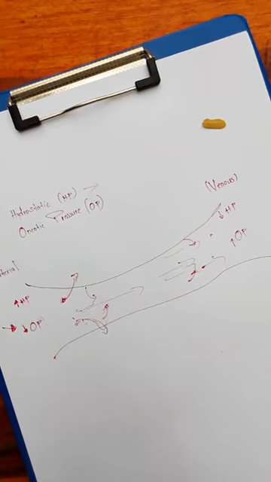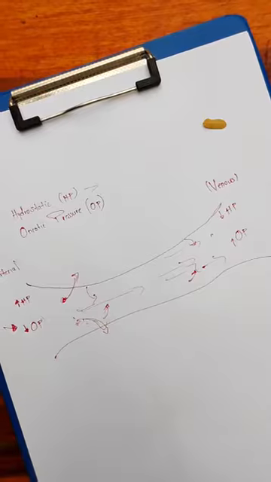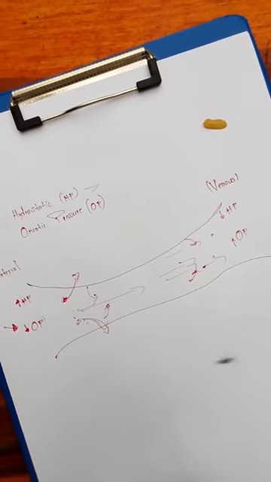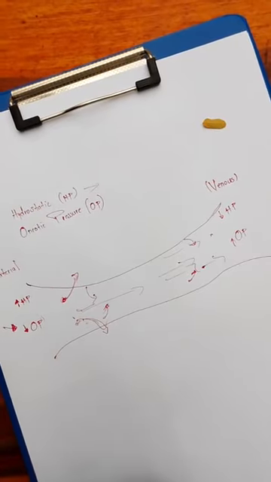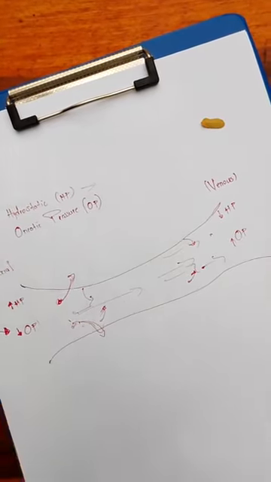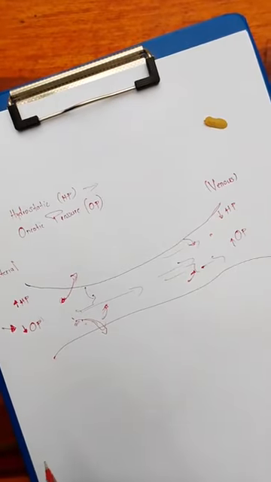Okay, so upon knowing these few things that we have looked at, we also have to know that the same body fluid compartments, we can measure them to know how much body fluid we are having.